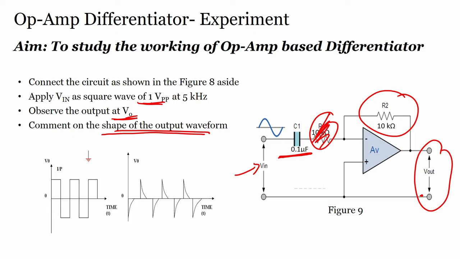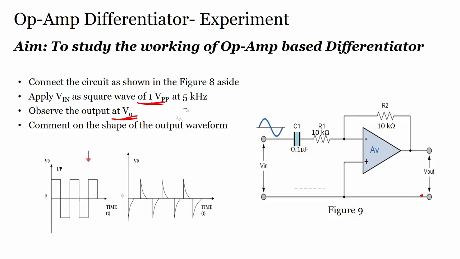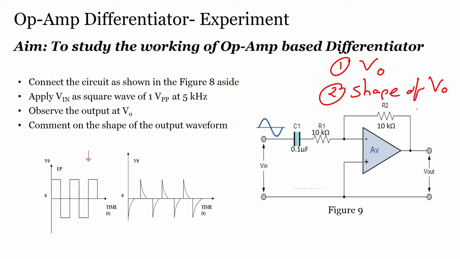So, again we need to connect the circuit, and we have to understand two things: one, what is the output voltage VO; second, what is the shape of VO on applying a square wave at the input. All right. So, let us see this.